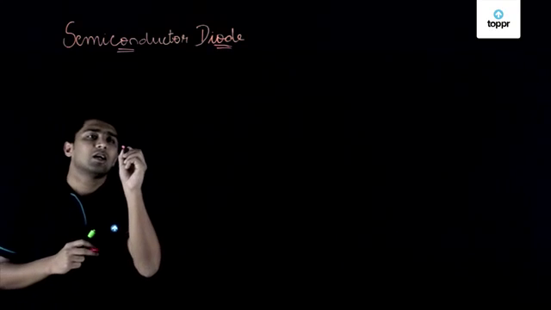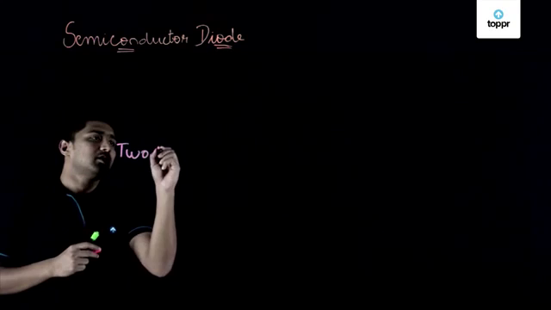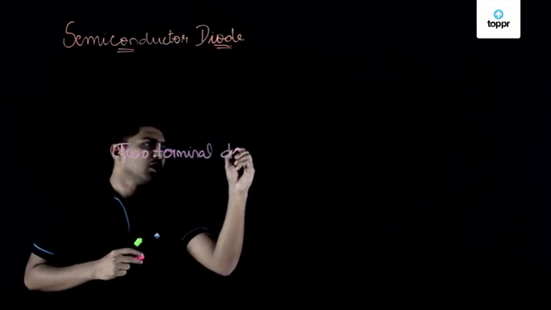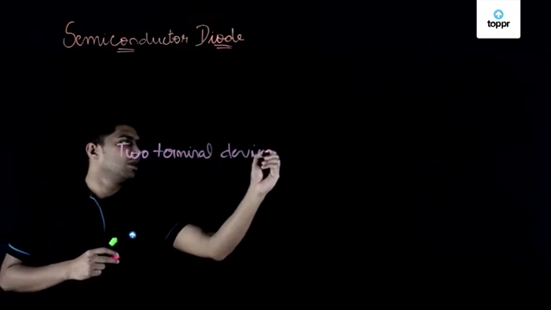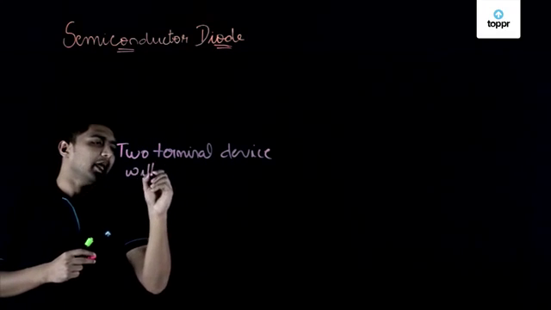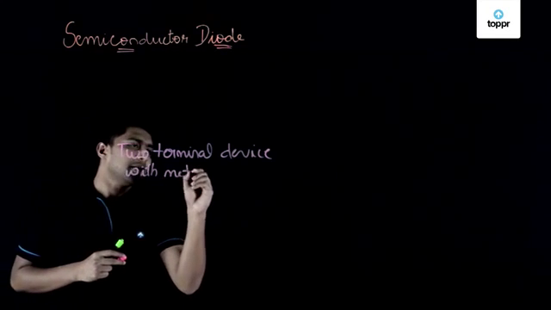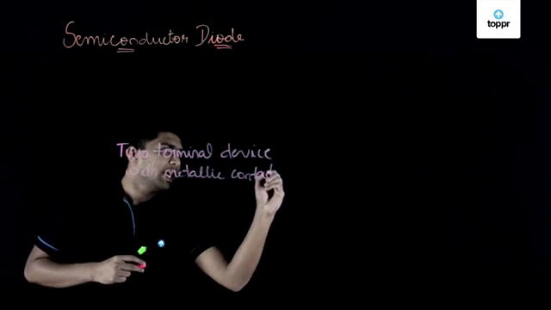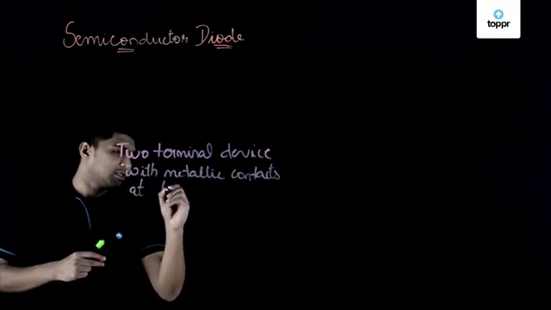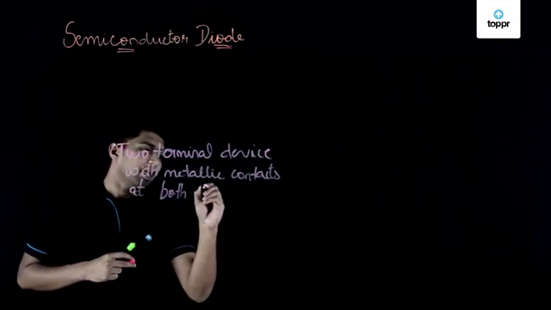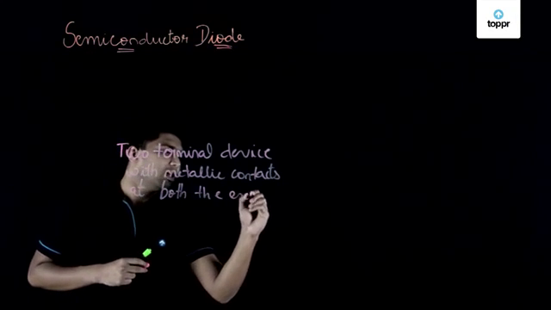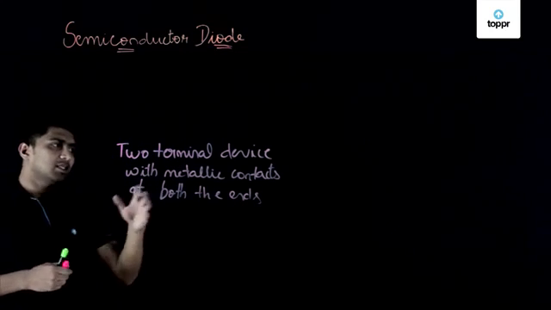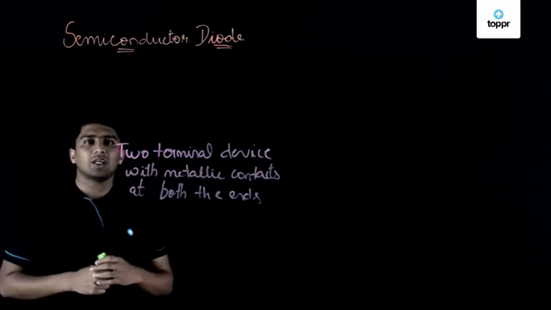So it's a two-terminal device with metallic contacts at both the ends. We have already learned what these metallic contacts at both the ends are there for. It is just to apply the external voltage.